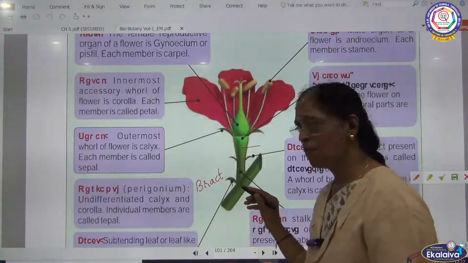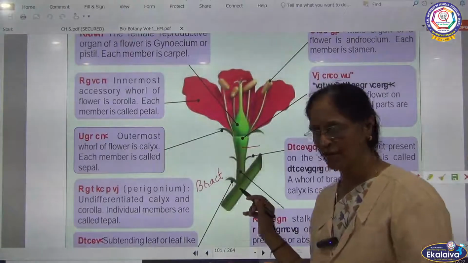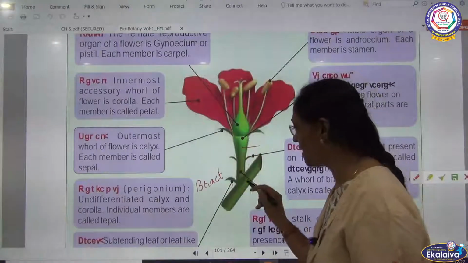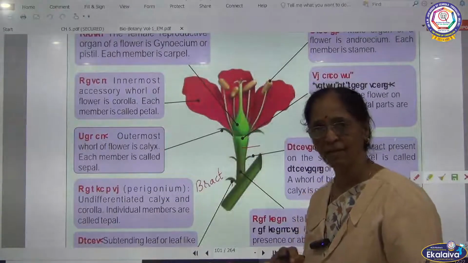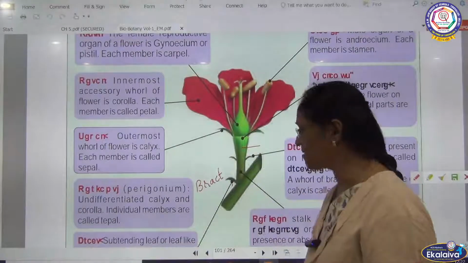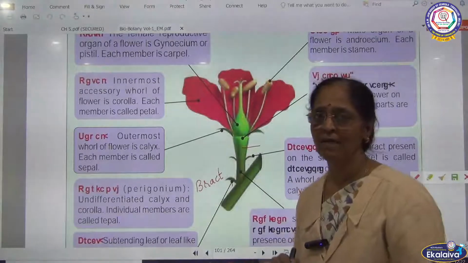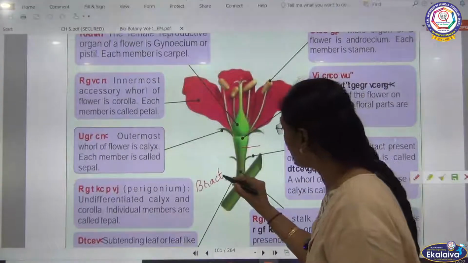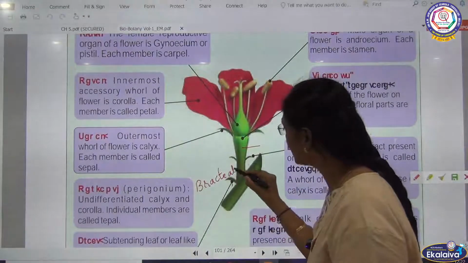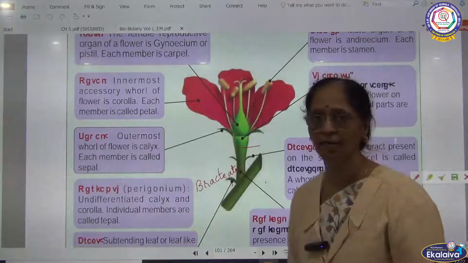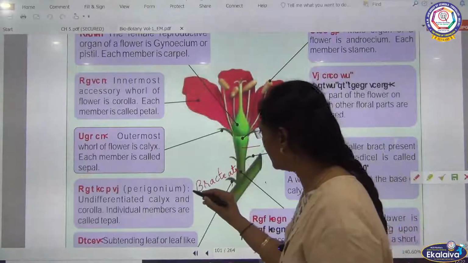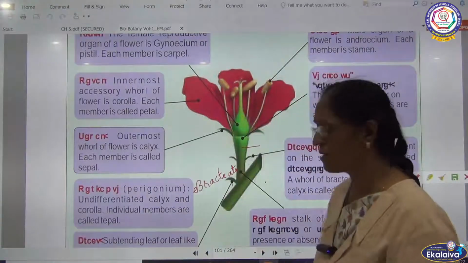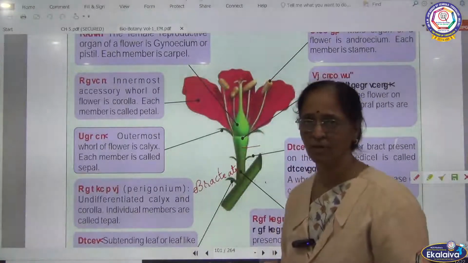So, a small leaf-like structure from which the flower is arising on the pedicel, or at the base of the pedicel, you call it a bract. If a flower is having a bract, then you call such flowers bracteate flower. If the flower doesn't have a bract, you use the letter E in front of this, then it becomes ebracteate.